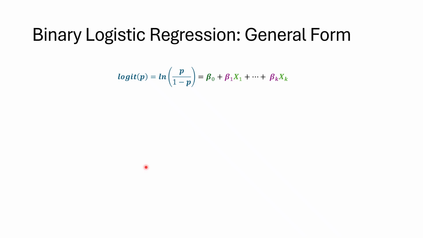Here is the general form of a binary logistic regression. Of course, all these calculations will be handled by computer, and it will give us a very neat and clean table, and then you can use ChatGPT to interpret all these tables.